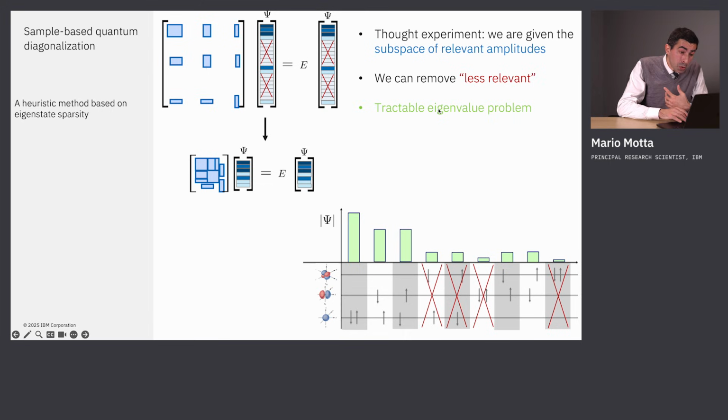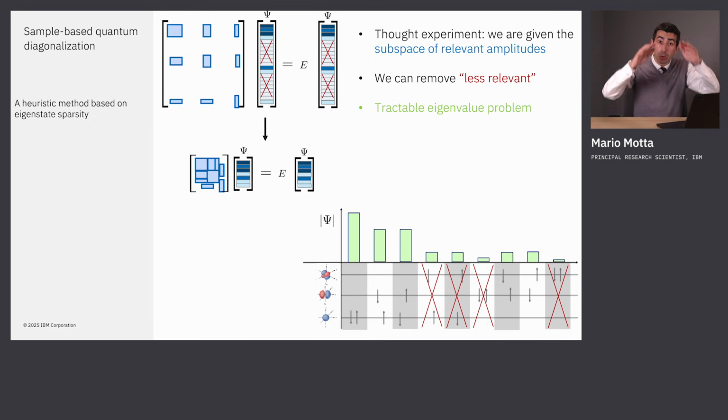Although we are trying to solve an eigenvalue equation in a combinatorially large Hilbert space, meaning we technically have to deal with combinatorially large matrices and vectors, the assumption behind SQD is that the combinatorially long vector we are looking for has a subset of entries, certain rows, with larger coefficients than the rest.